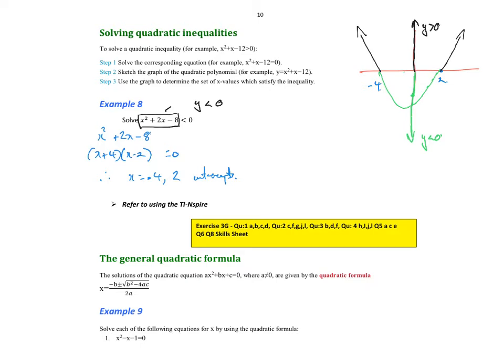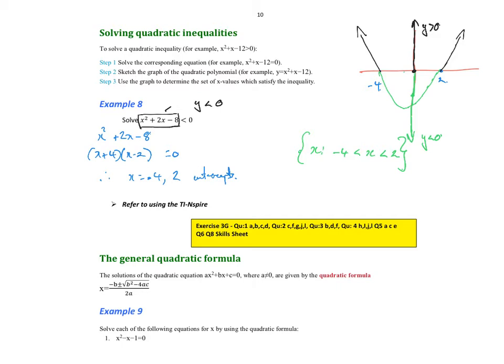And obviously, on the axis, it's equal to 0. So clearly from the graph, you can see that the green section is the section that is less than 0. So the set of values, I'll use x such that negative 4 is less than x, which is less than 2. They're the set of values where the function is less than 0.